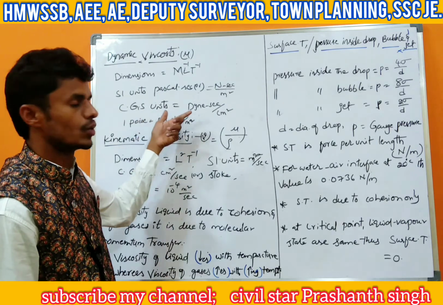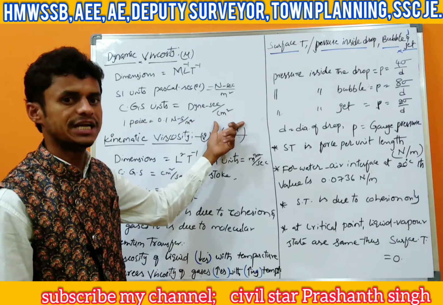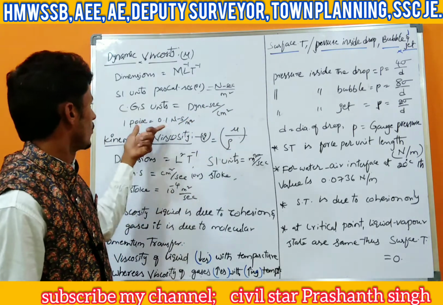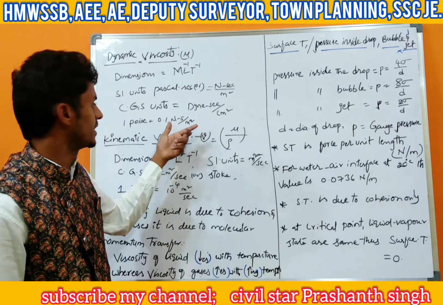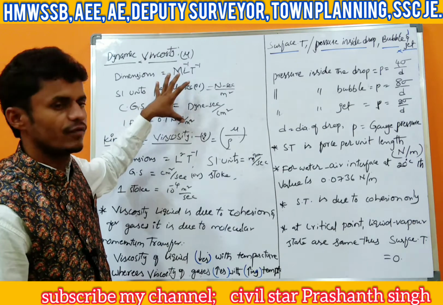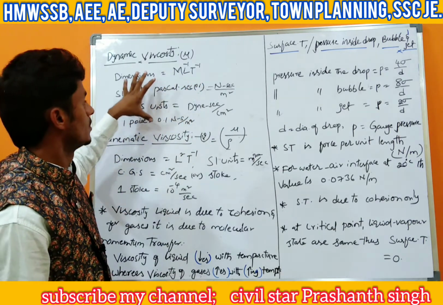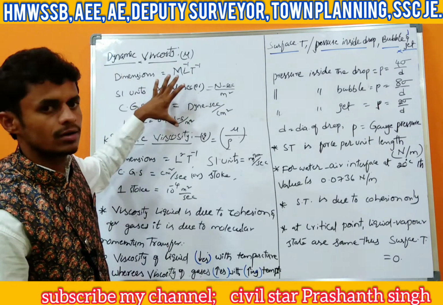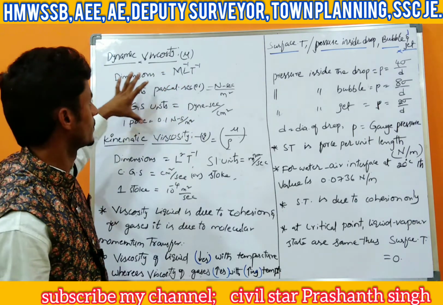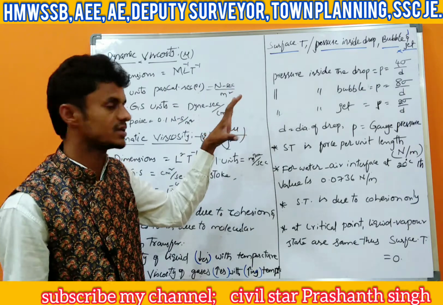CGS units are dyne second per centimeter square. 1 poise equals 0.1 Newton second per meter square. These four points are very important because in previous examinations they were asked as four questions.